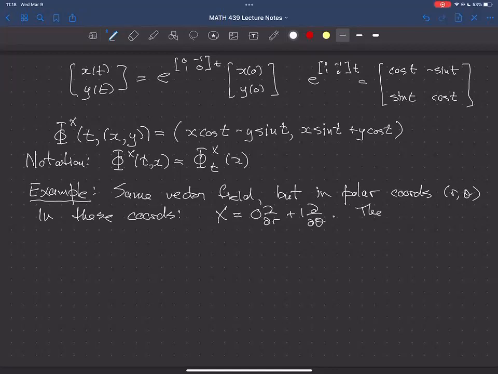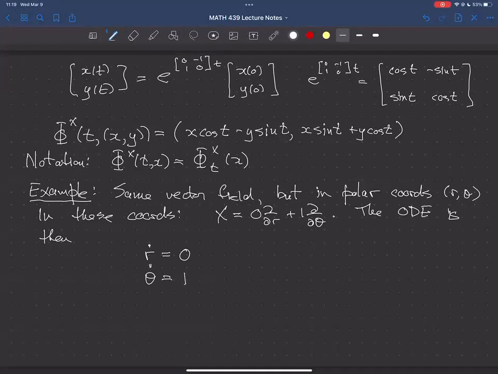So the ODE is then r dot equals the coefficient of ∂/∂r, which is 0, and theta dot is the coefficient of ∂/∂θ, which is 1.